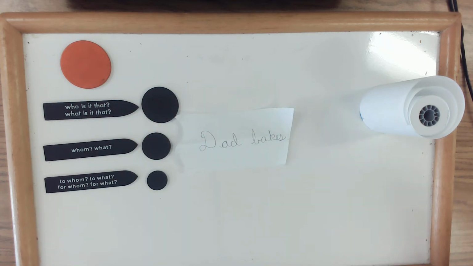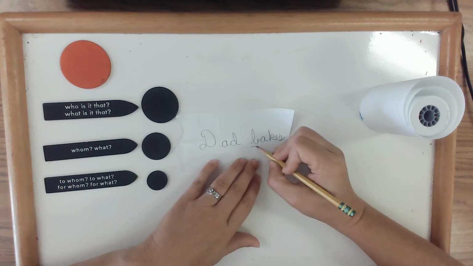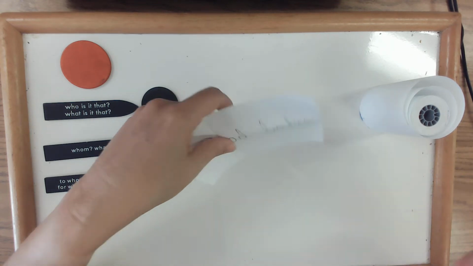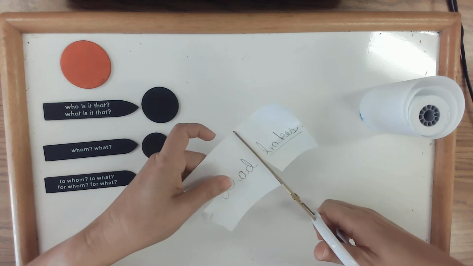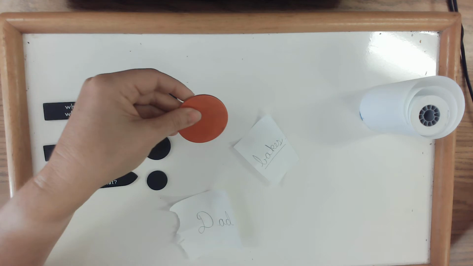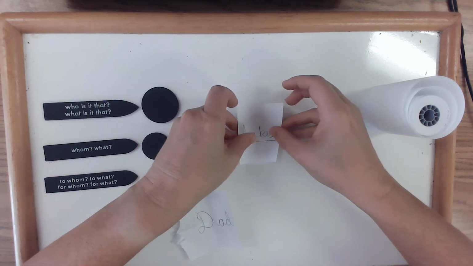Next, I underline and cut out the main verb in the sentence. In this case, it's bakes. I cut it out. The main verb in the sentence, or the predicate, goes on top of the red circle. Bakes.